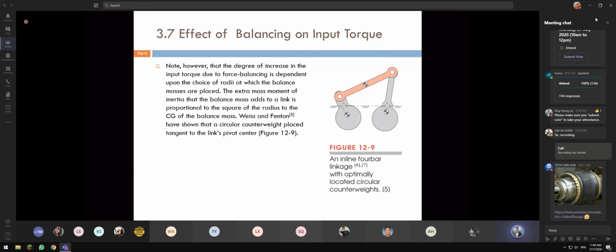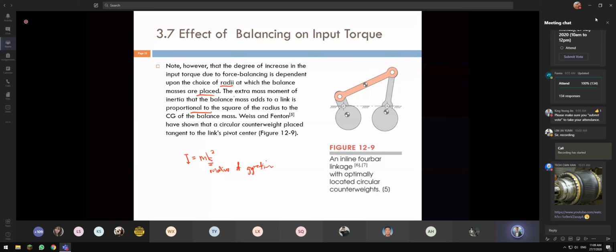However, the degree of increase in the input torque due to the force balancing is dependent upon the choice of the radii at which the balance masses are placed. The extra mass moment of inertia that the balance mass adds to the link is proportional to the square of the radius to the center of gravity, because mass moment of inertia is m k squared, where k is the radius of gyration.